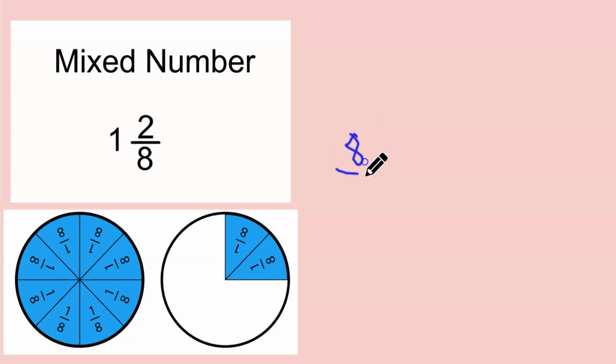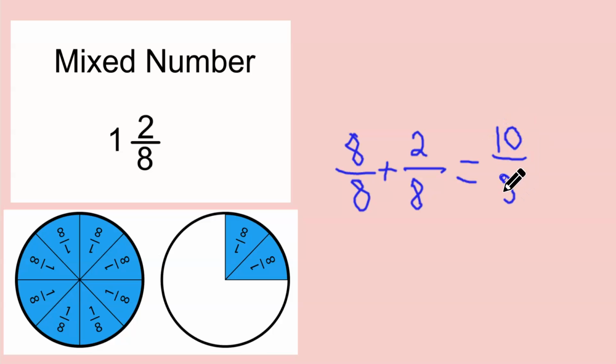Oh, well, it would take 8/8. And then 8/8 plus 2 more eighths is going to give me 10/8, which is the same as having 1 whole plus 2/8 more, 1 2/8.